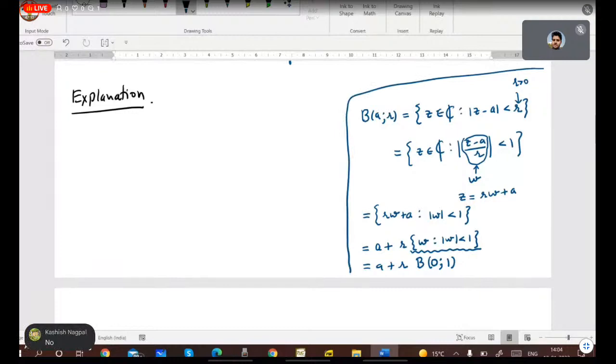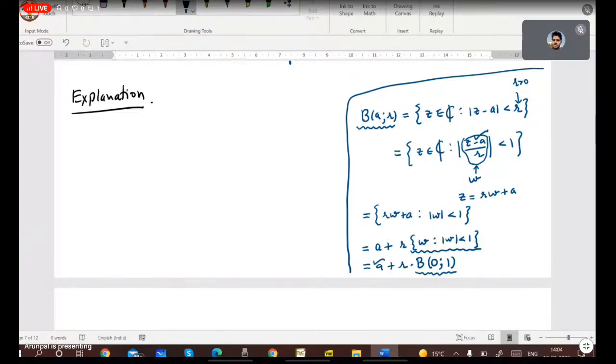What I'm trying to tell you is that, using the linear structure of C, Z minus A will again be in C. I have used the fact that C is closed with respect to addition. Then I have taken Z minus A into 1 upon R, so scalar multiplication I have taken. So I have used the linear structure of the complex plane, and I have explained to you that any general ball in the complex plane is nothing but the magnification of the unit ball centered at origin followed by translation.